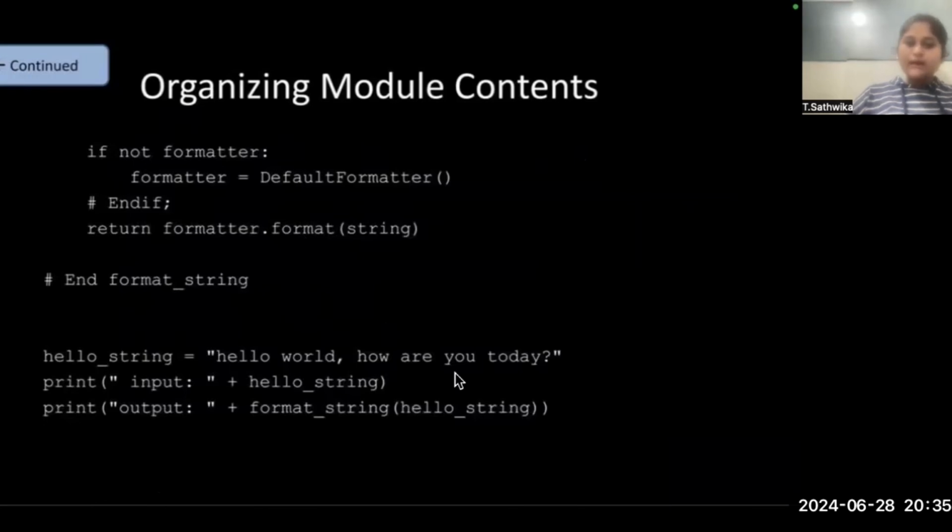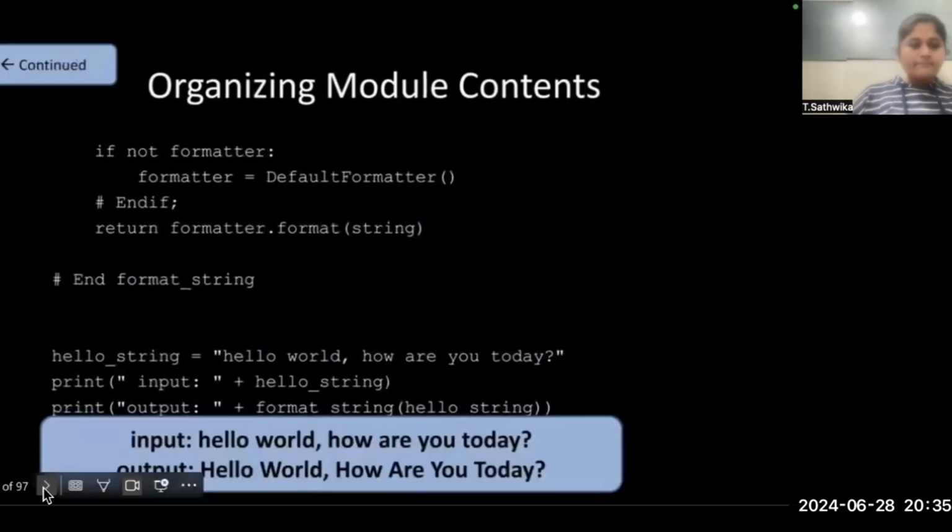hello_string is called "hello world. How are you today?" Then we have to print the input and concatenate this with hello_string. Then output, and we can concatenate the format_string of hello_string. Now, if not formatter, then formatter is equal to DefaultFormatter. We can end this and we have to return the formatter.format of string.